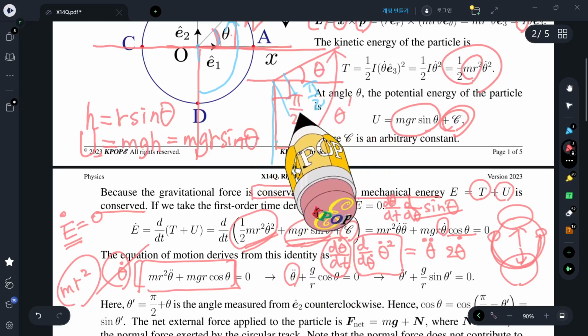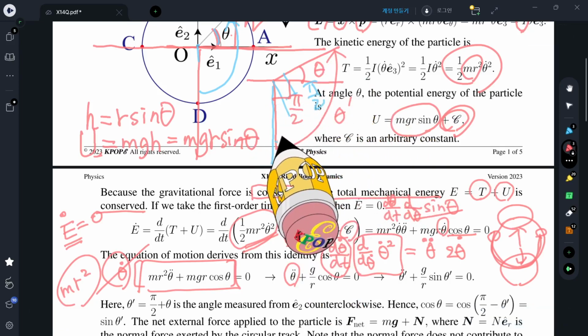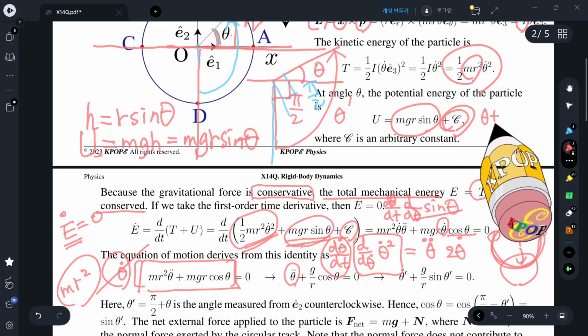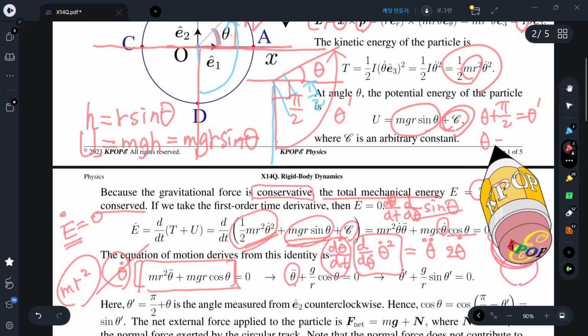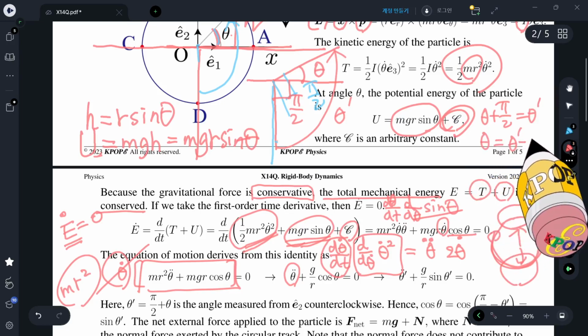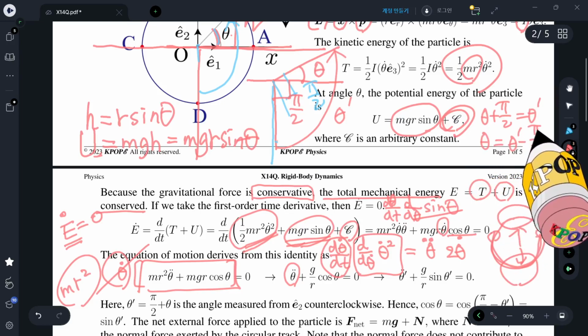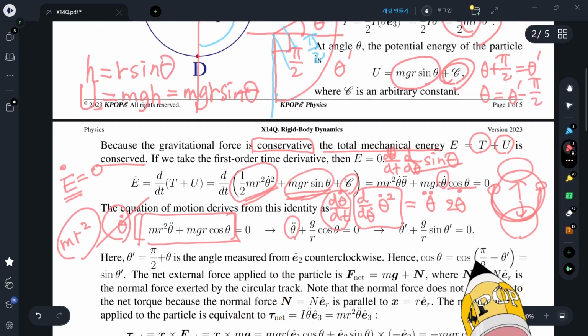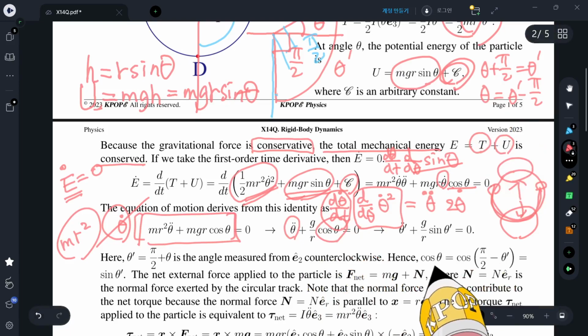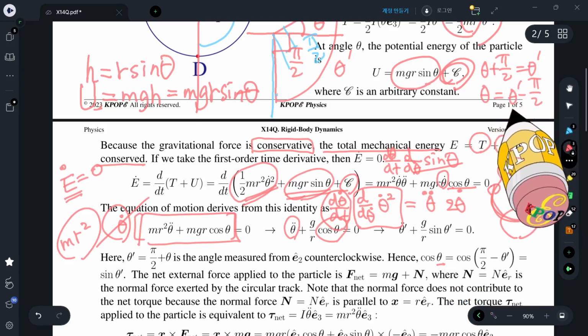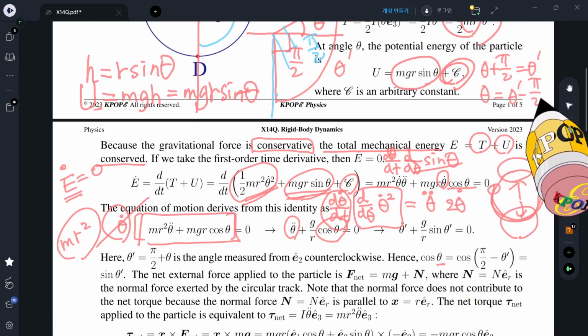So we have the identity theta plus one half pi is theta prime, or theta equals theta prime minus one half pi. Okay, we have cosine theta. This is theta prime minus one half pi.